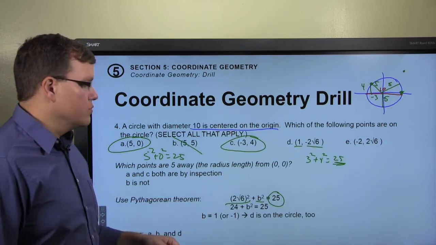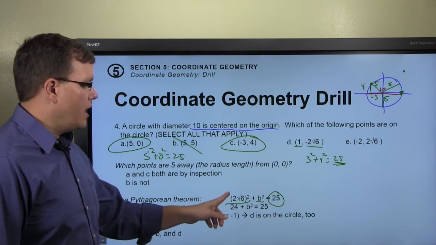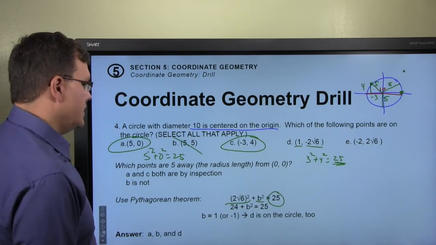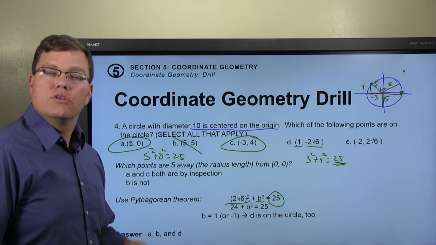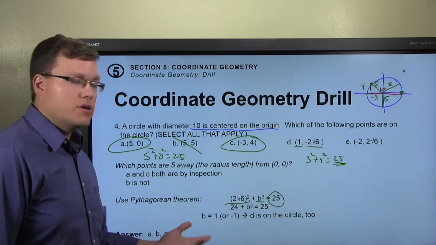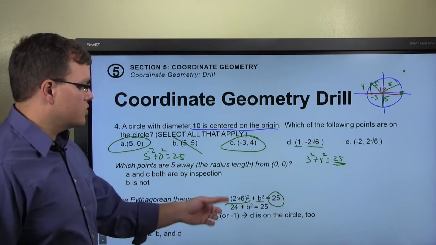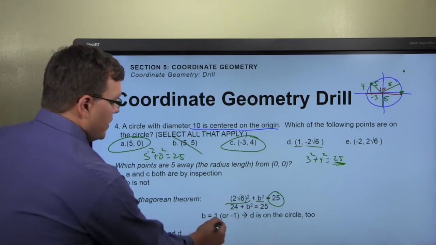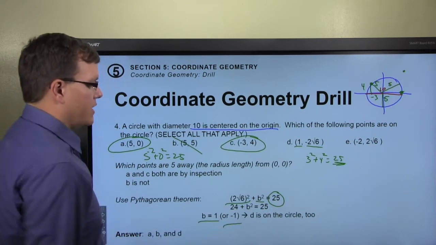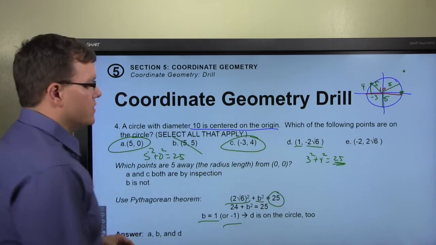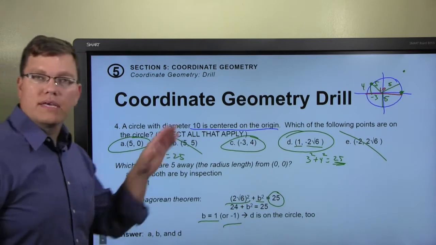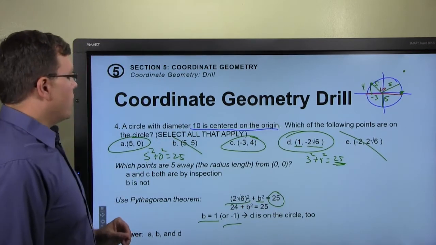When you square 2 root 6, you get 4 times 6, which is 24, plus B squared equals 25. Aha! B has to equal 1 or negative 1. That means D is on the circle as well. Obviously, E is not going to be on the circle because negative 2 is too far away.